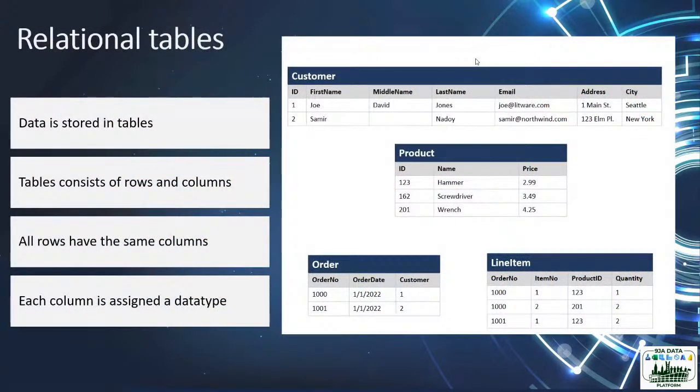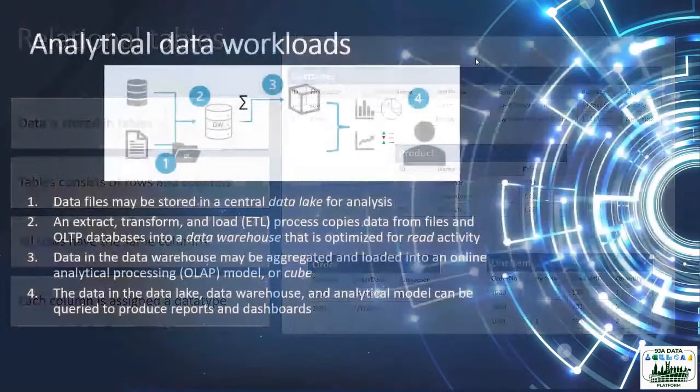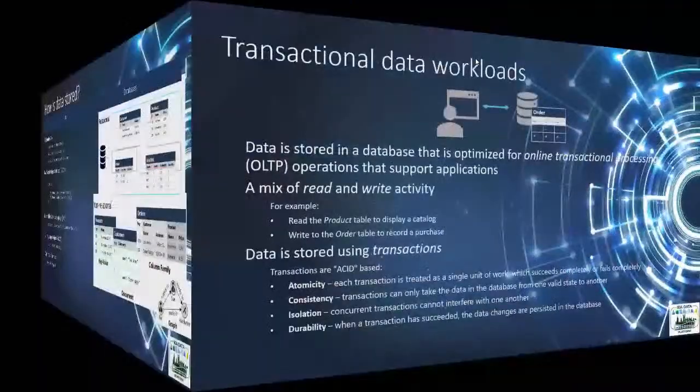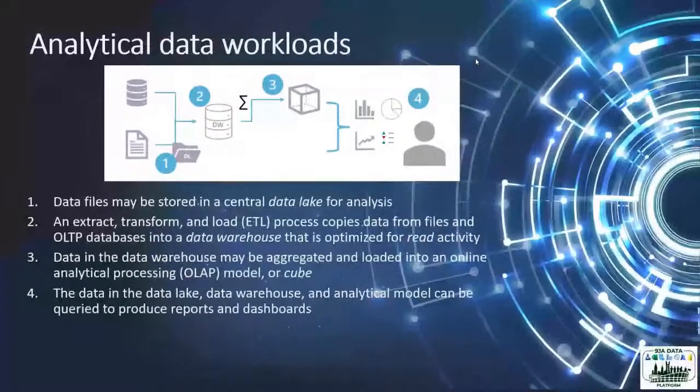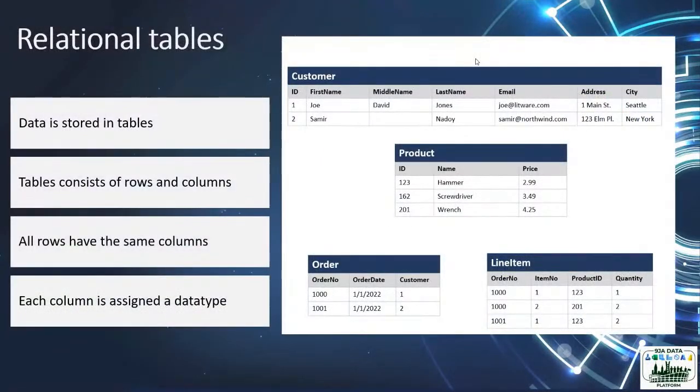So let's talk about relational data, the relational table. You've seen an image here talking about a relational database, but let's talk about the table itself. Since we said we can also store our data in a database, what is a database itself?